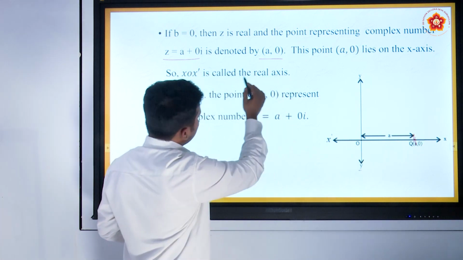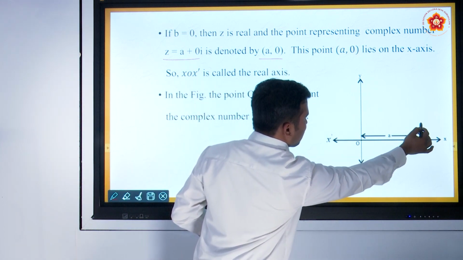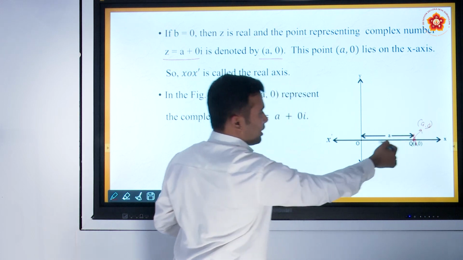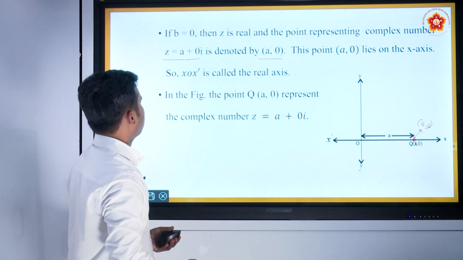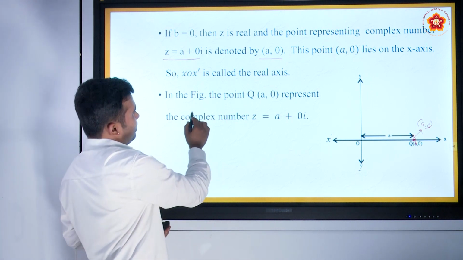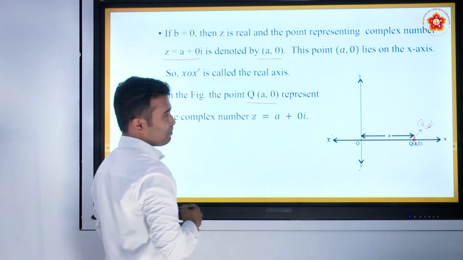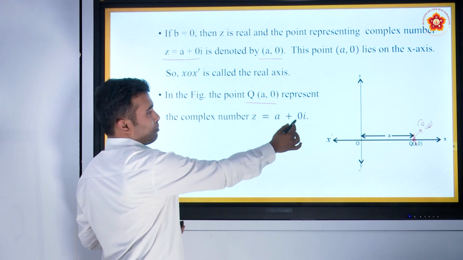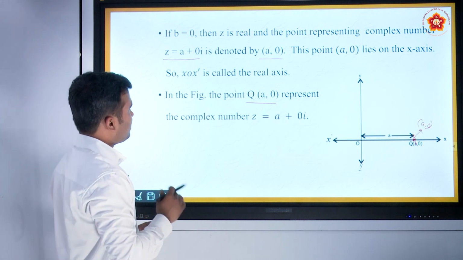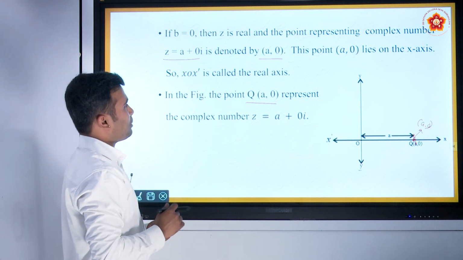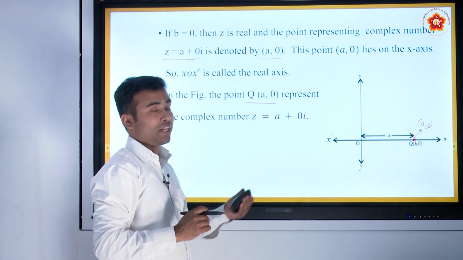So I can represent the point a comma 0 on the x-axis, and we can represent that in the graph as well. Z equal to a plus 0i we have represented. Similarly, we can see the representation of a complex number when it is purely imaginary.